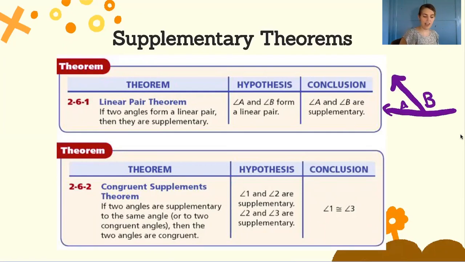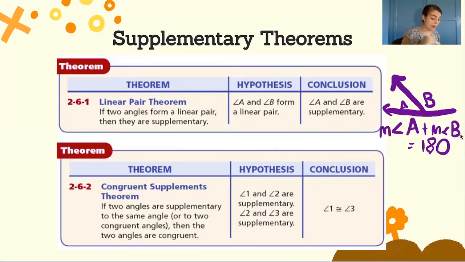So if angle A and angle B form a line, when you put them side by side, then they're supplementary. So having a line like this means that the measure of angle A plus the measure of angle B equals 180. That's the linear pair theorem.